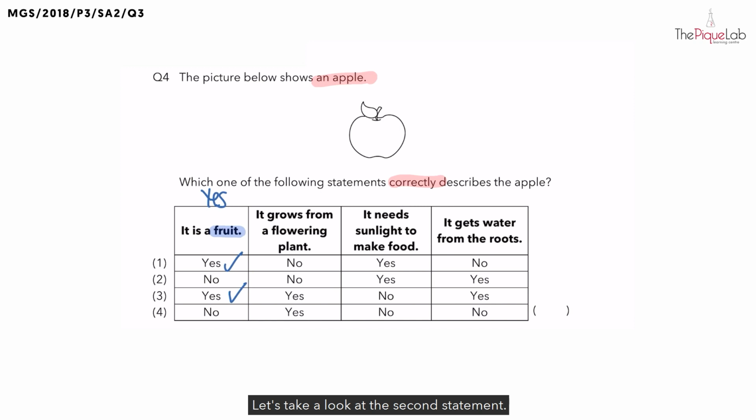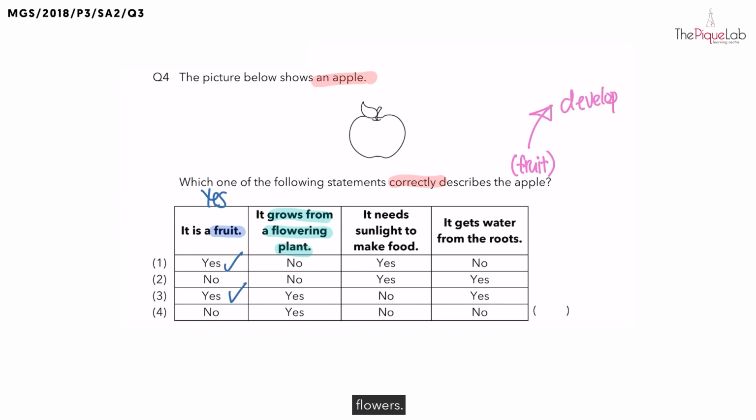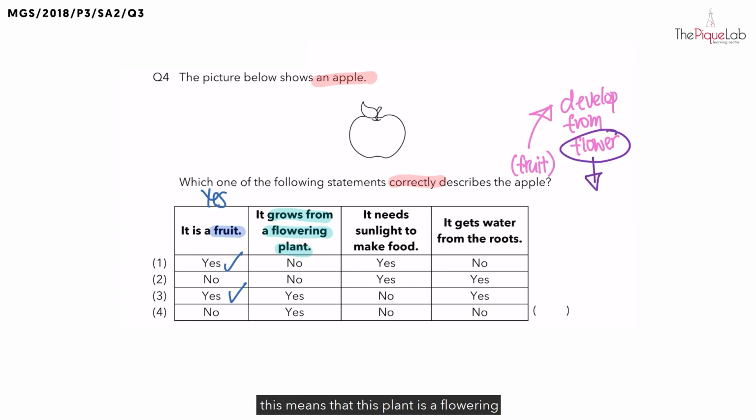Let's take a look at the second statement. It grows from a flowering plant. We have mentioned earlier that the apple is a fruit. If you recall from what you have learned in the topic of plants, can you tell me what the fruit develops from? Fruits develop from flowers. And if a plant has flowers, this means that this plant is a flowering or a non-flowering plant?